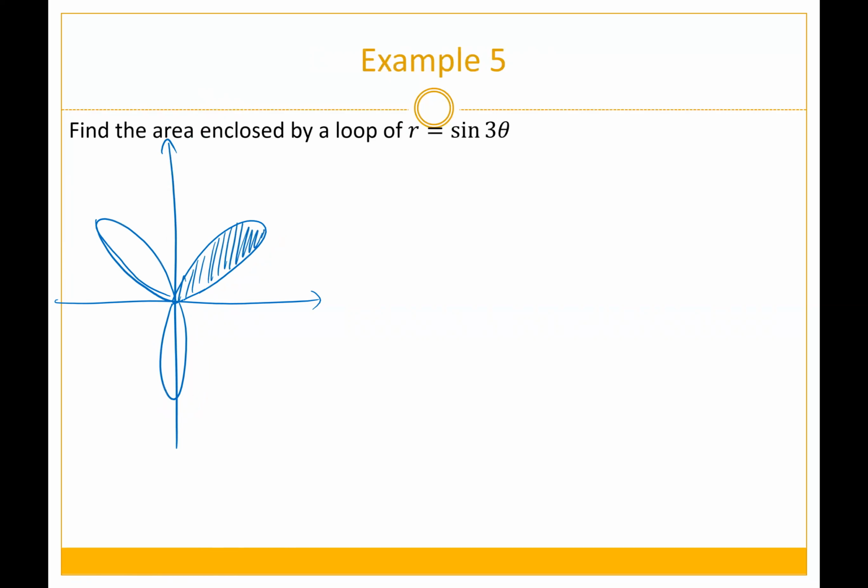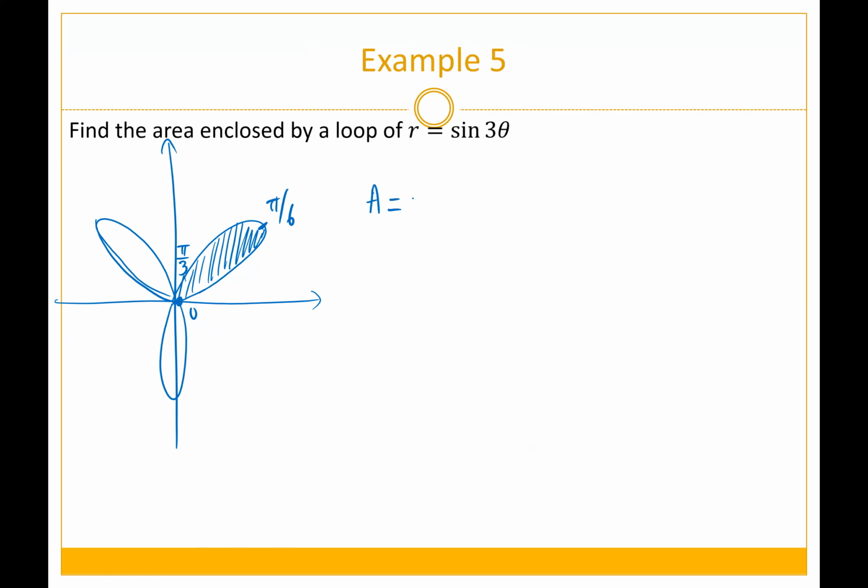So we know that when you start from 0, you go all the way to the farthest point at pi over 6, and you come back to 0 at pi over 3. Therefore, one loop of it is going to be enclosed from 0 to pi over 3.